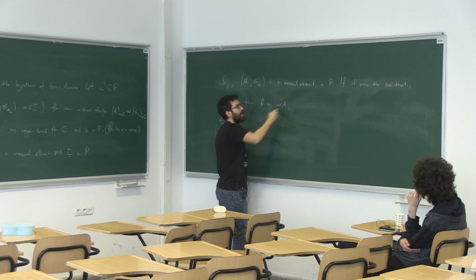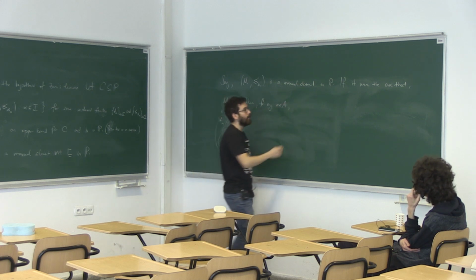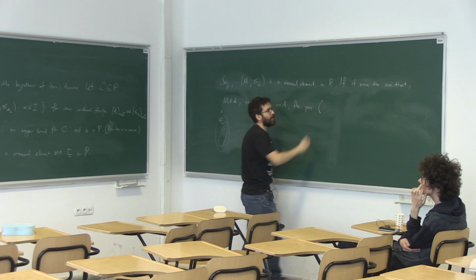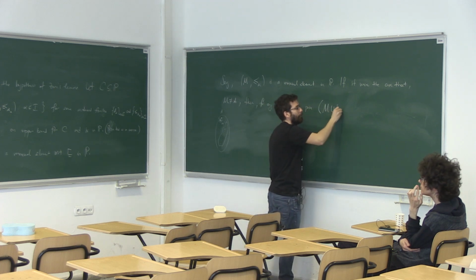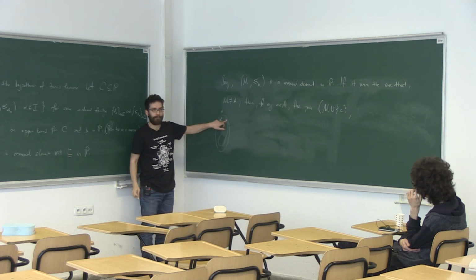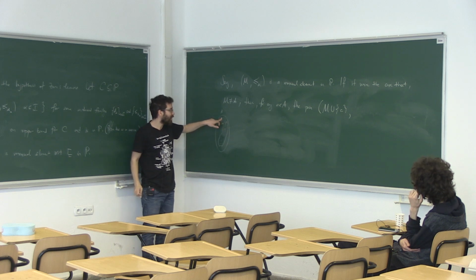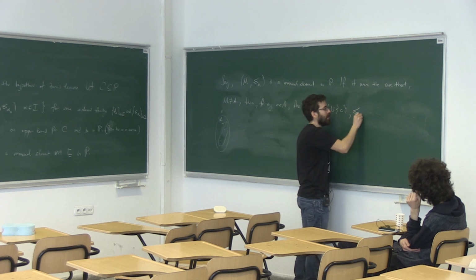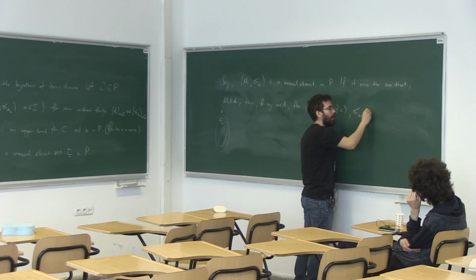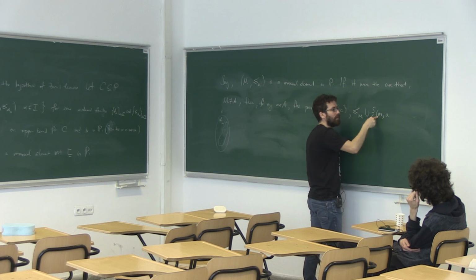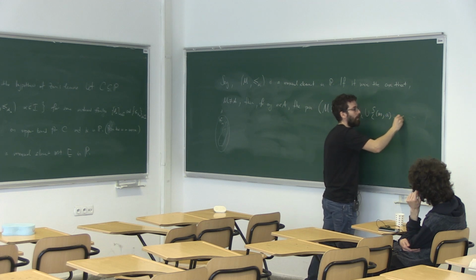If I pick some element outside and add this to M, and I'm going to declare this element to be greater than all the elements in here. So I'm just going to take my ordering on M, and I am going to declare this guy to be greater than or equal to all the elements of M.